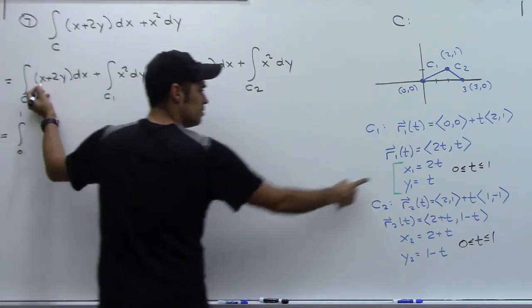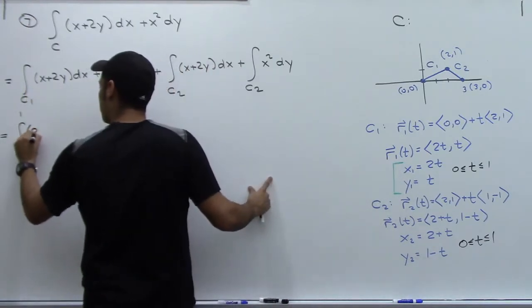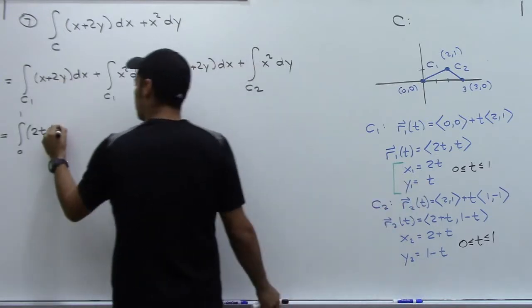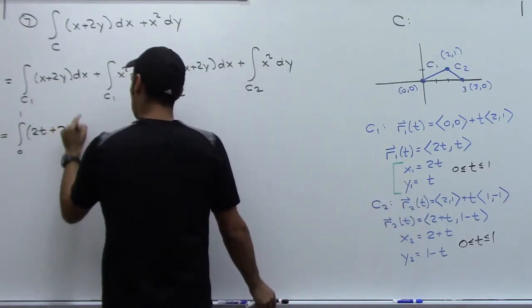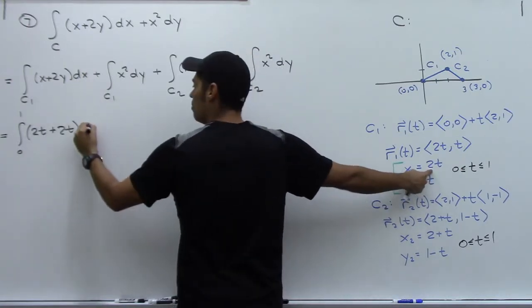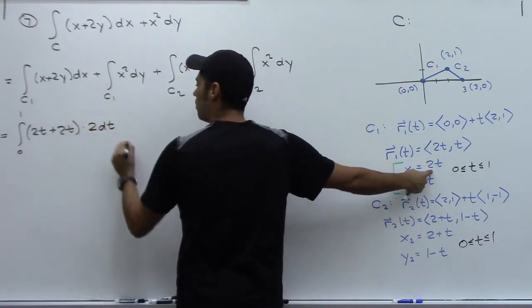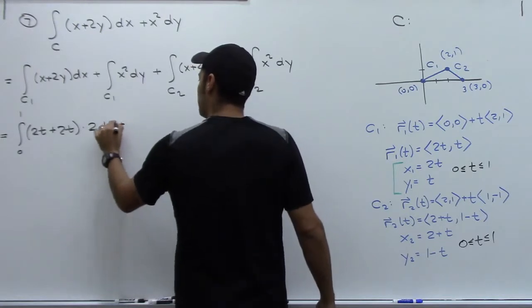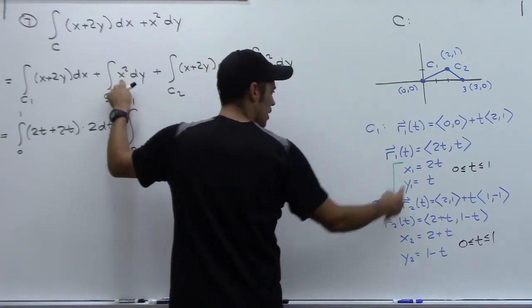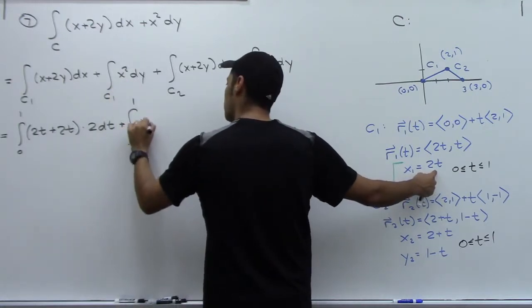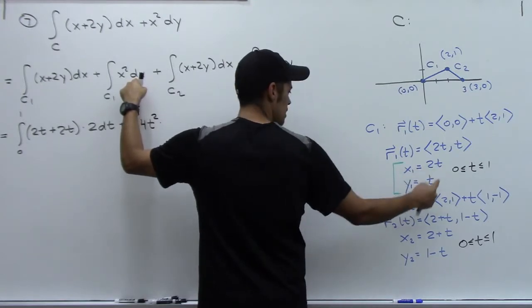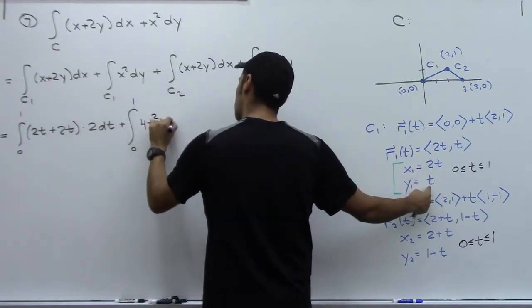It'll be the x, which is 2t, plus 2 times y, but y is t, so 2t again. And then dx, which is the derivative of the x, which is just 2 dt. Then we have plus the next integral, still going over C1, so 0 to 1, x squared, which is this squared, which is 4t squared, times dy, the derivative of t, which is just 1 dt.